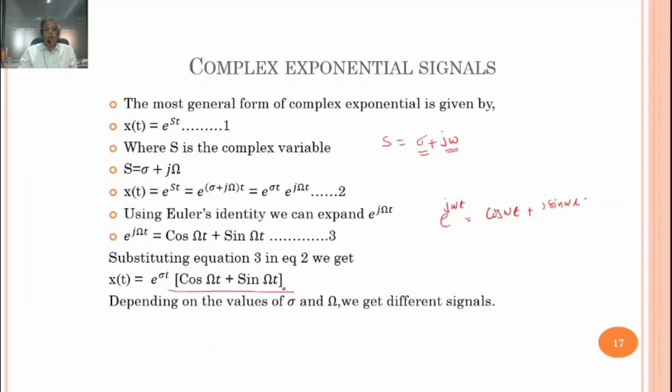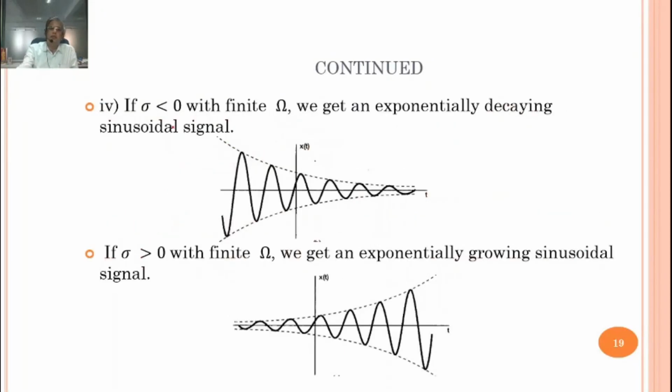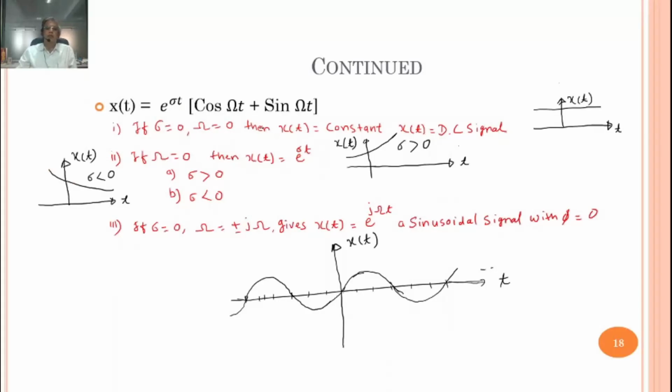Now depending on the value of sigma and omega, we get different signals. First case, when sigma is 0 and omega is 0, this term is 0, this is 1, so e raised to sigma t, cos of 0 is 1 plus 0, means e raised to sigma t multiplied by 1.